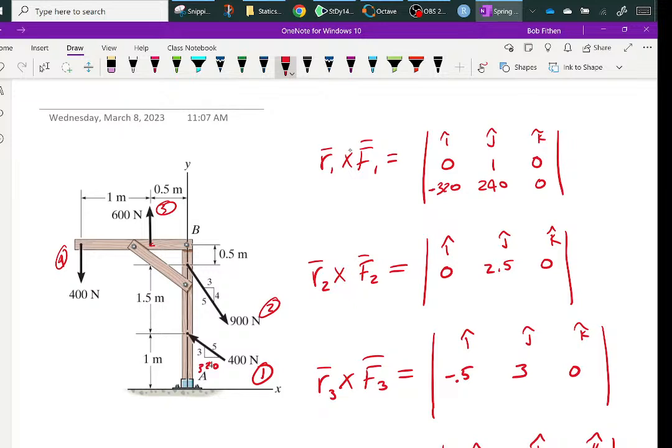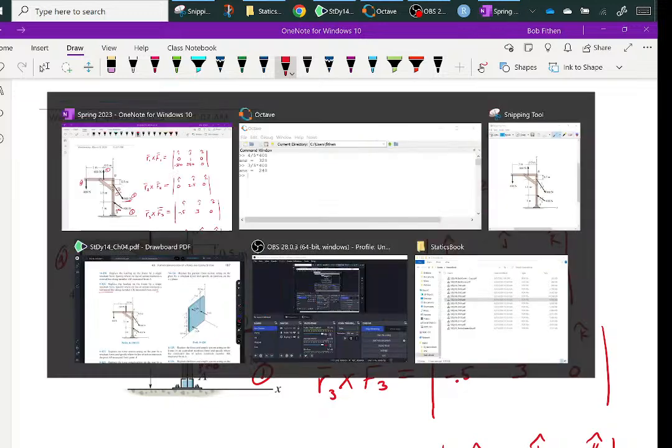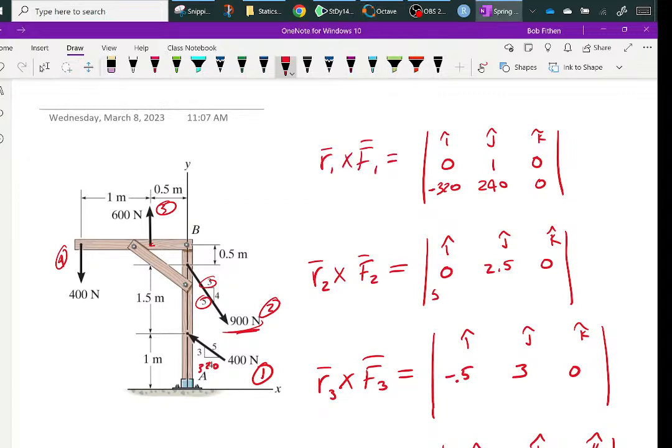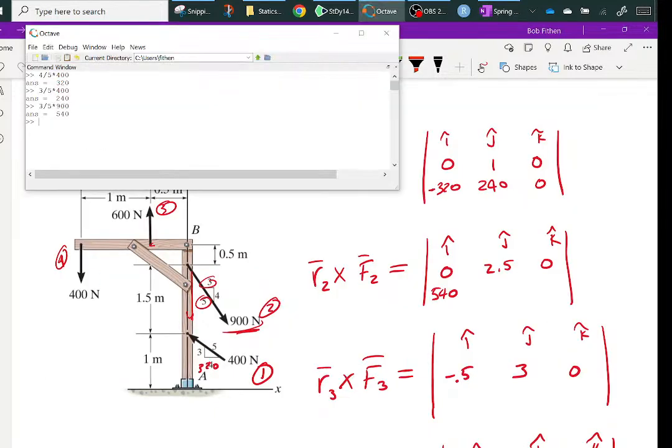Then the next force, which is this one, you're going to go to the right 3/5 of 900. Okay, 3/5 times 900, 540. And then that's to the right. Then it's going down 4/5.